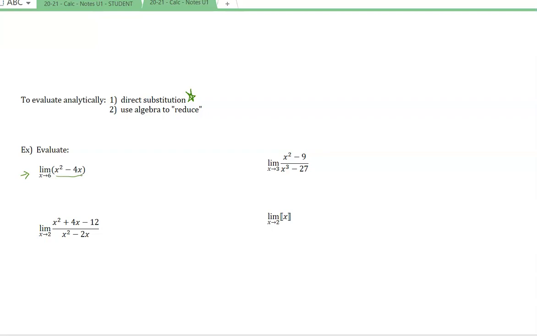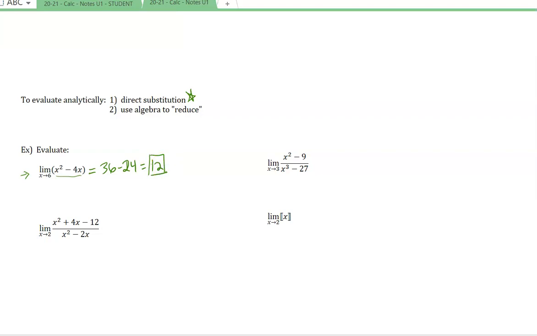Okay, so for this one right here, it would be safe to go ahead and plug in 6. If we plug 6 into that, we get 36 minus 24, which gives us 12. So the limit here is 12.